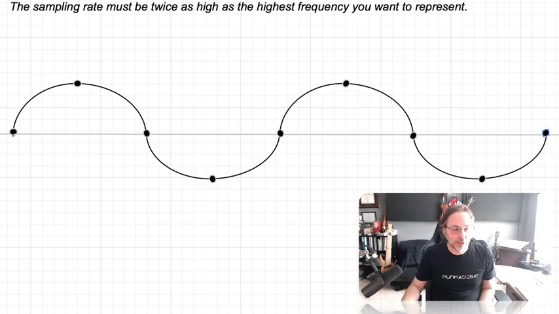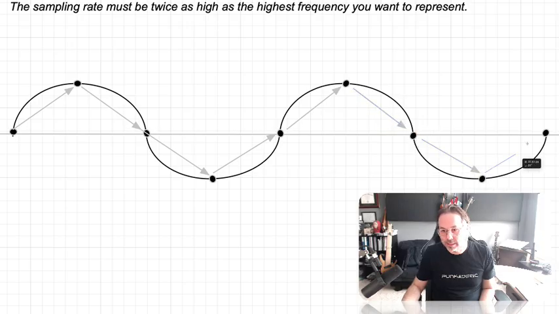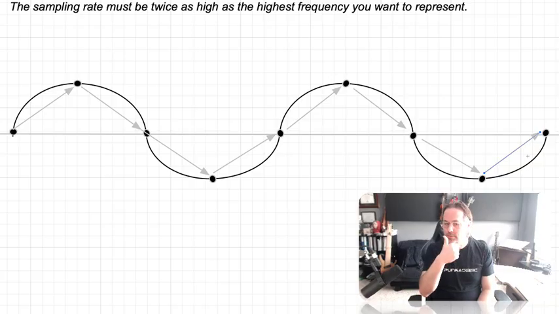Because if we fill in those blanks, we're going to get this, and that is still the correct pitch. Cool?